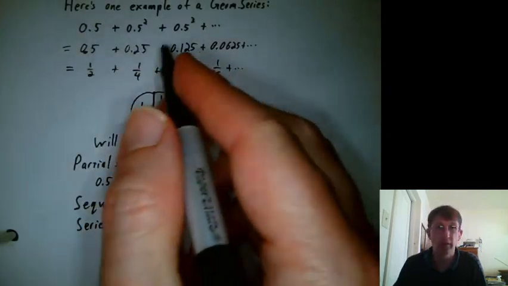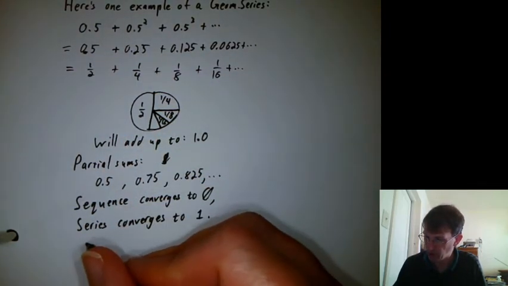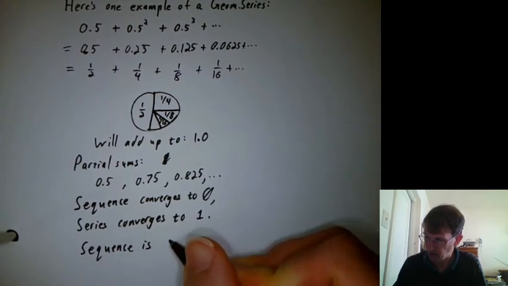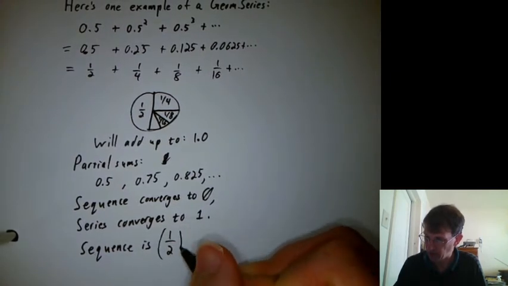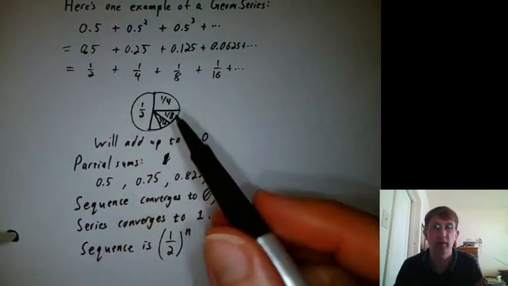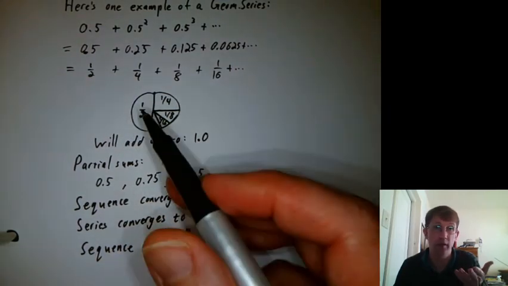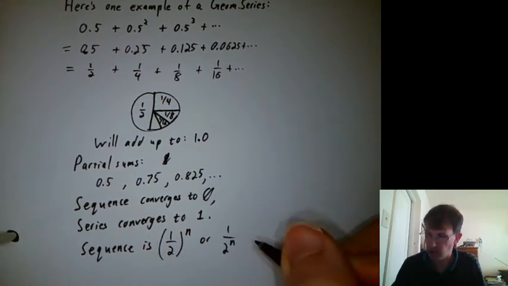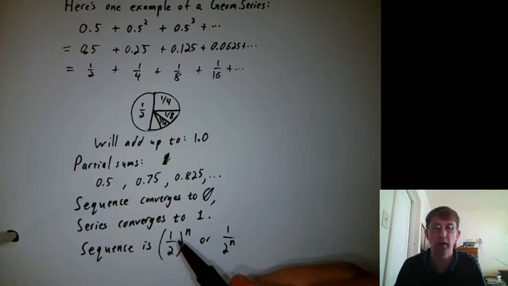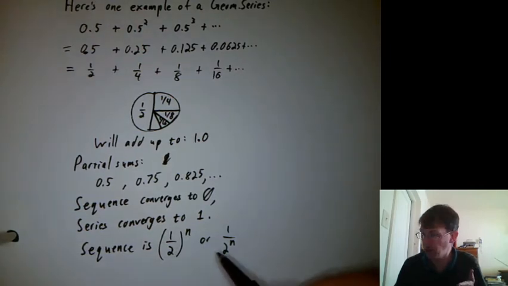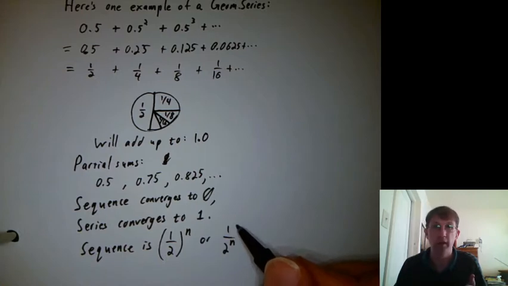Let's write a general term for what's going on here. Can we say the sequence is 1/2 to the n? Does that sound reasonable? When n is 1, you get a half. When n is 2, you get 1/2 squared, which is a quarter. Or you could write it as 1 to the n over 2 to the n: when you have a fraction to a power, that's like writing both the numerator and the denominator to that power, but 1 to the n is just 1.